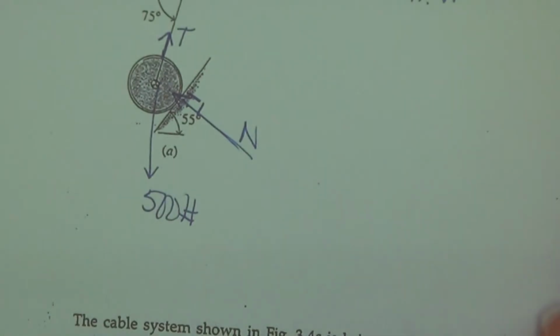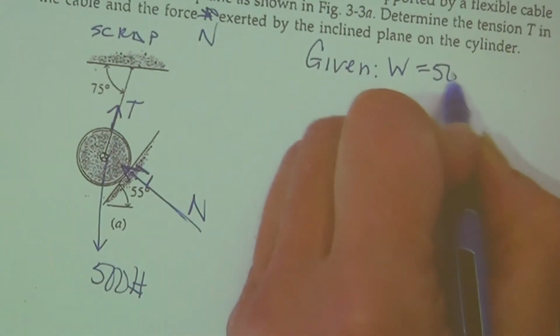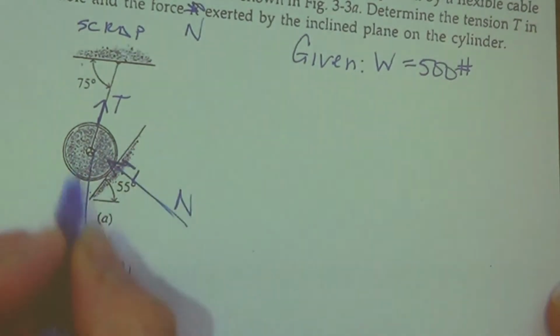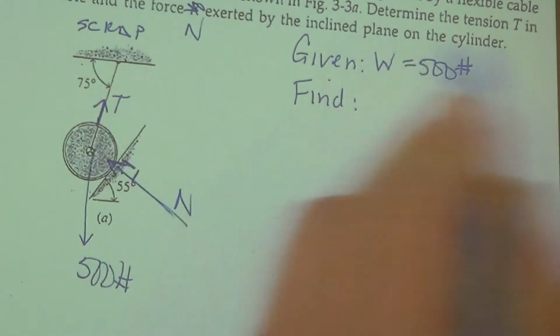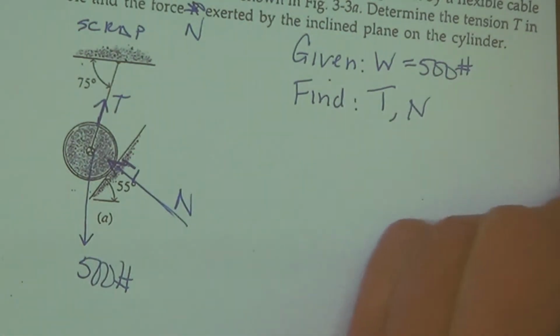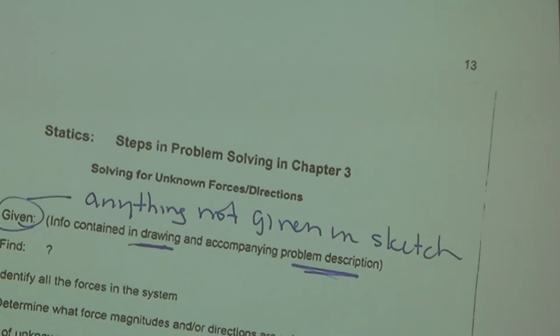So my given information is the stuff that I learned from here, so 500 pounds. Everything else is in the picture. How about find? They want us to find the tension, and they want us to find the normal. So far I just did step 1 and 2, given and find.